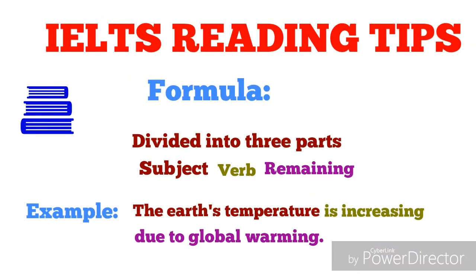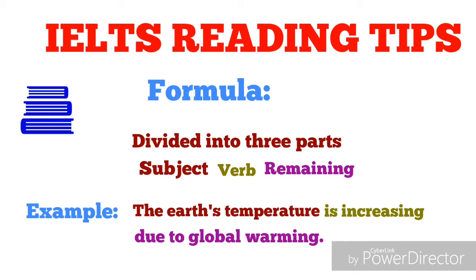There are often times that when you are asked to solve yes no not given or true false not given, you find out the answer after a period of time. But in some extreme cases, you are confused and you are unable to find the answer. So there is a simple tricky formula which you can apply during your examination in order to save your precious time.